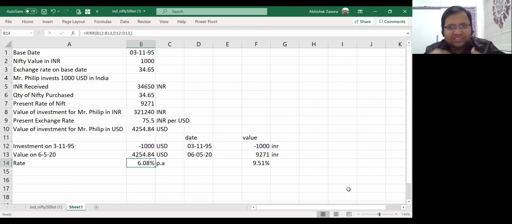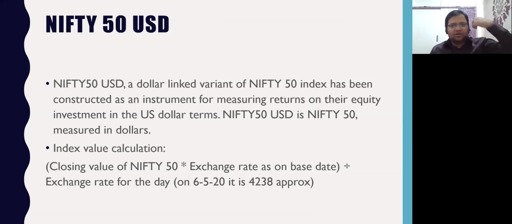Or in generic terms, if the home currency of a country, that is the Indian rupee for India, depreciates, then foreigners earn less return on their investments in a country than what domestic investors earn. Domestic investors have earned 9.51%, foreigners have earned 6.08%. That is basically because of the depreciation of the Indian rupee.